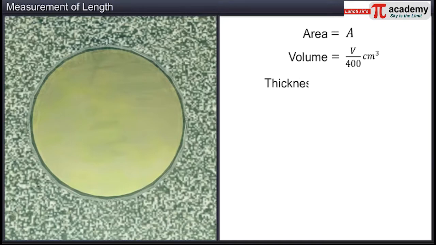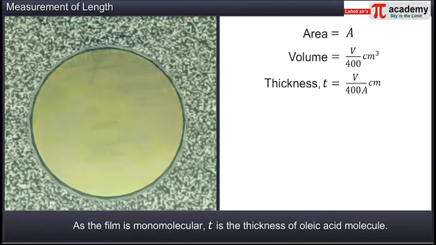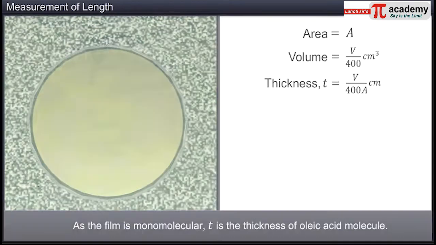T is equal to V/(400 A) centimeter. If we assume that the film is monomolecular, as the concentration is very low, the thickness of the film becomes the size of a molecule of oleic acid.